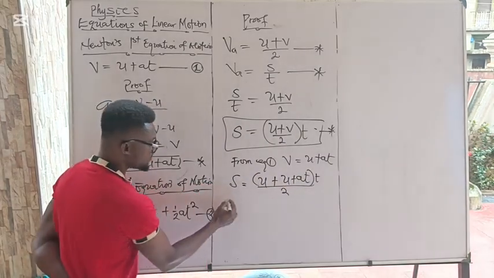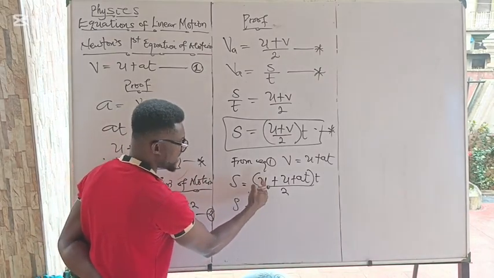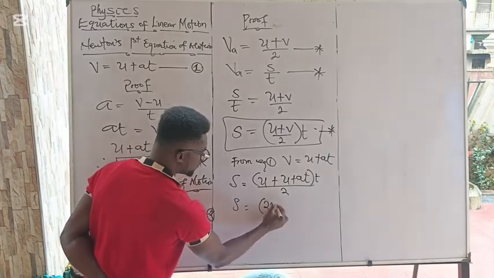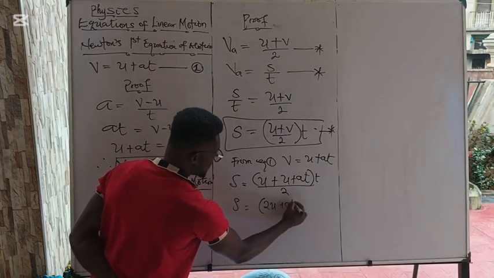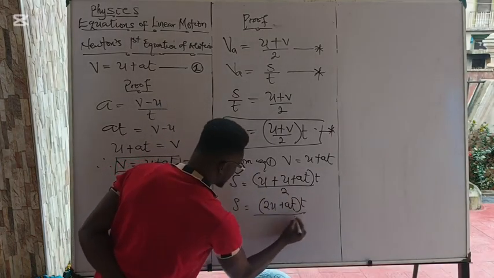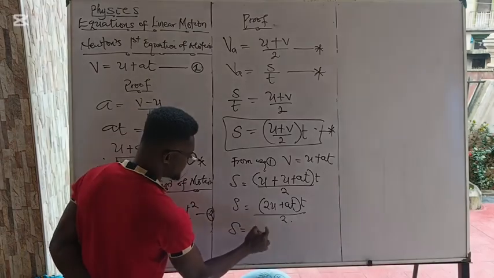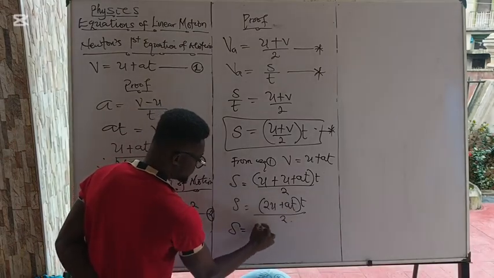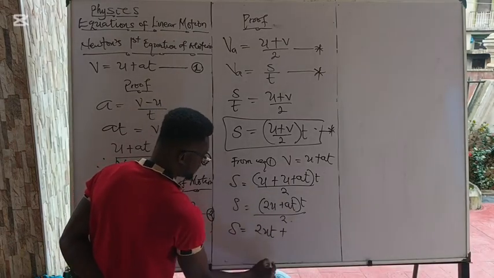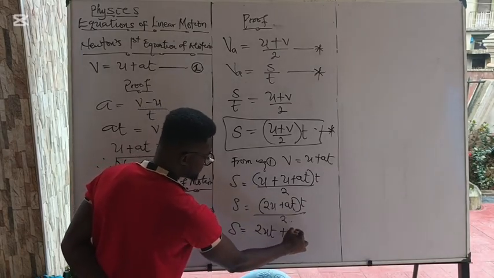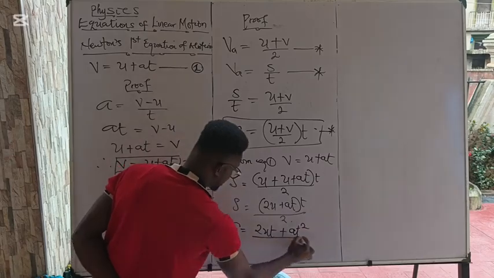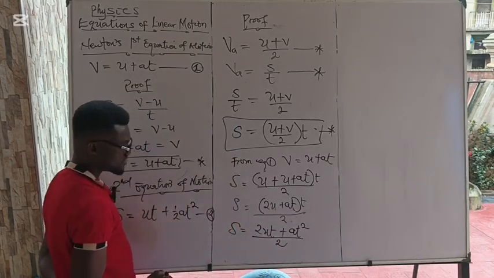So if you simplify, U plus U will give you 2u, then plus AT, times t all over 2. Now, if you open this bracket, you have S equal to 2u times t, which gives 2ut, plus AT times t, which gives AT squared, all over 2.